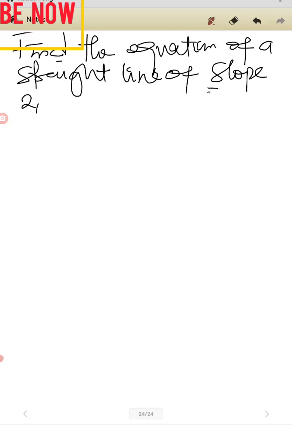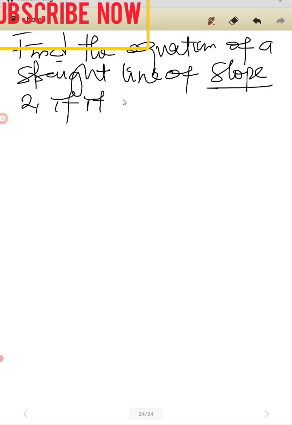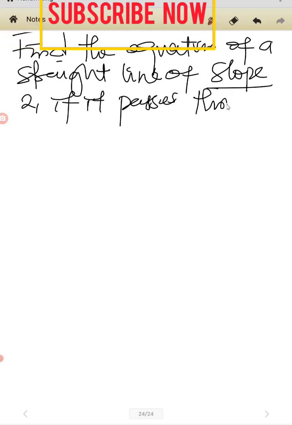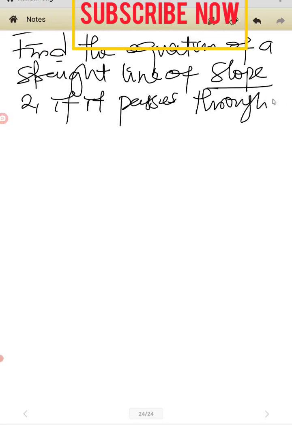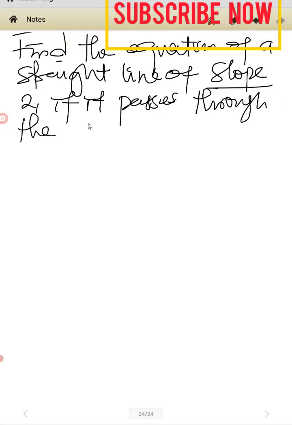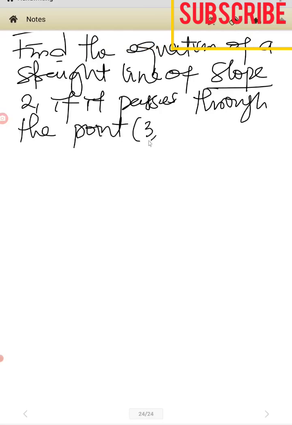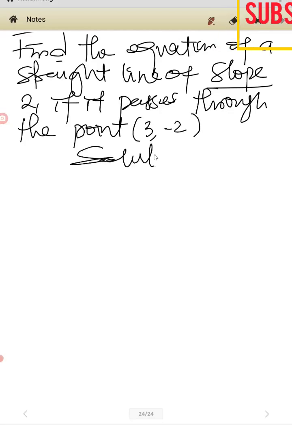You know, slope also means gradient. Slope 2, if it passes through the point (3, minus 2). So this is exactly what I'm explaining right now.